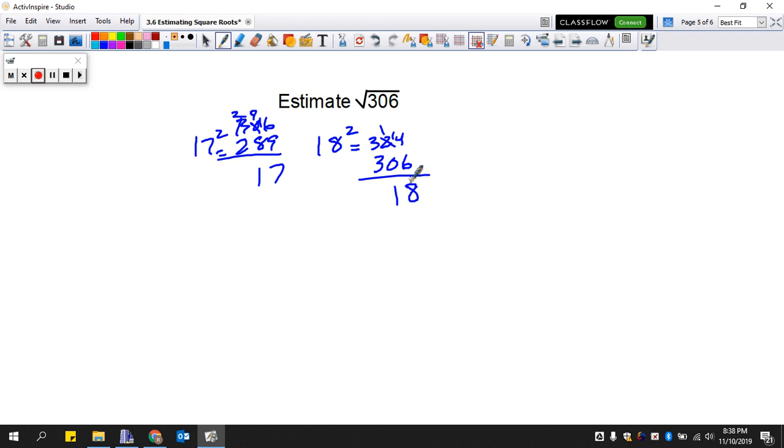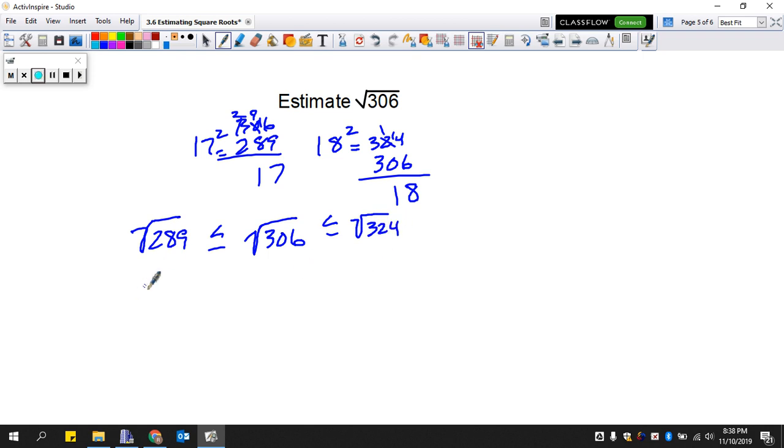Okay, so we know that the square root of 289 is less than the square root of 306, and the square root of 324 is more than it.